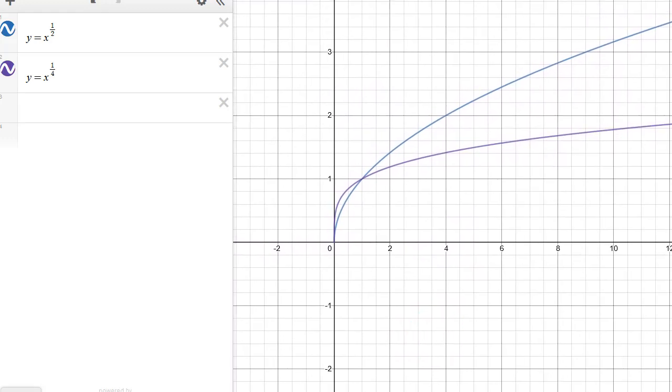For both of these, you notice that there are no y coordinates if you plug in a negative value of x, because 1/2 means a square root, and you're not allowed to take square roots of a negative number. Same thing with fourth roots.